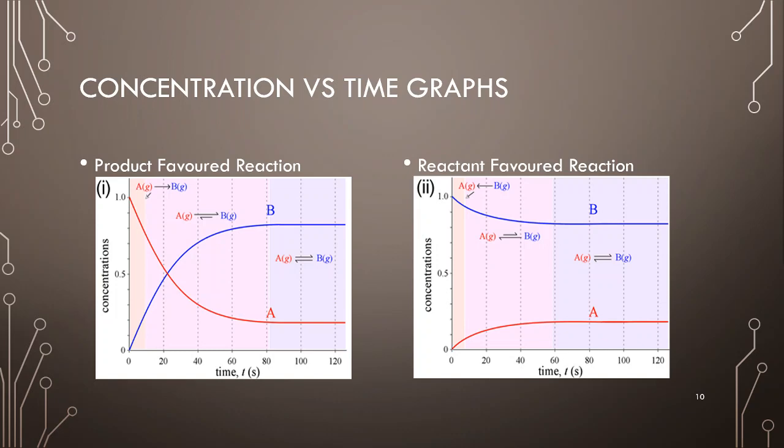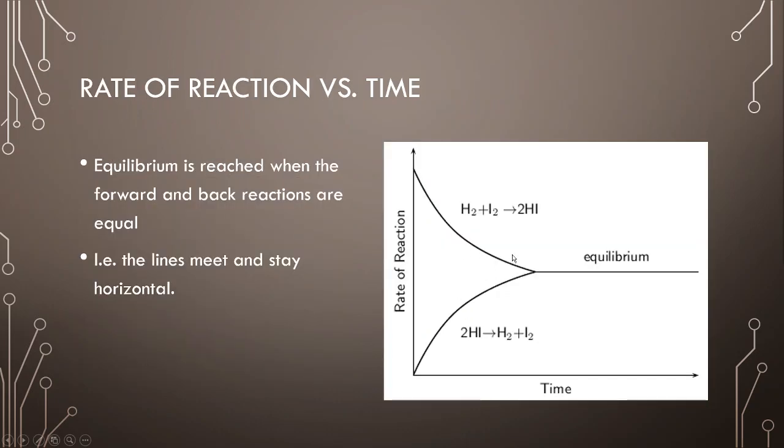Few more slides. So as I mentioned earlier, equilibrium is reached when the forward and back reactions are equal, like so. That's forward, that's backward, could be the other way around.